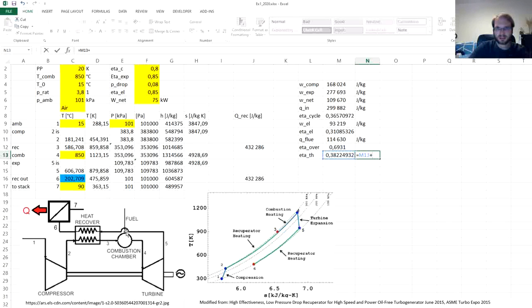So eta thermal plus eta electrical. And you can see that we have the same numbers.